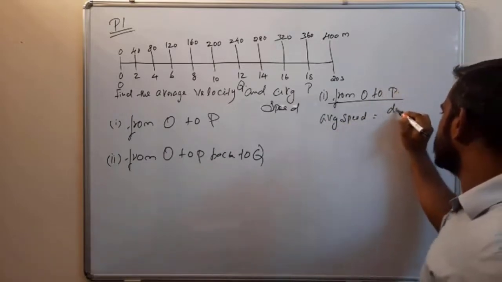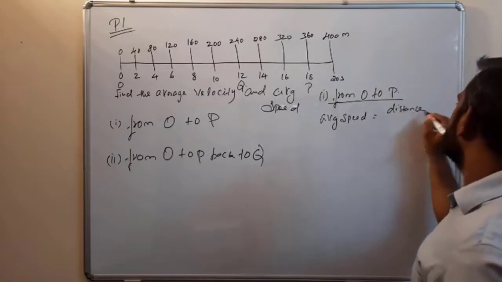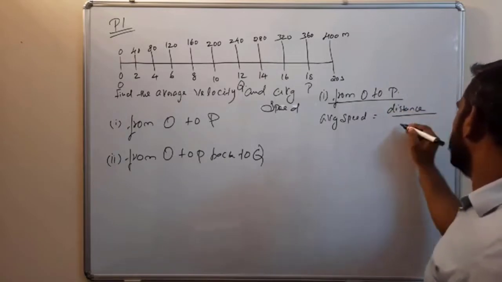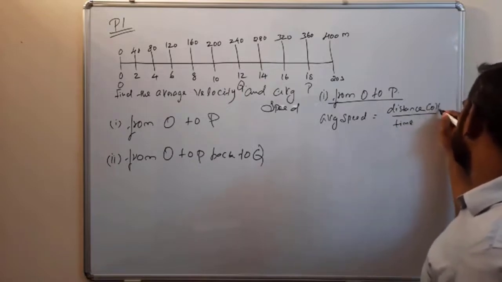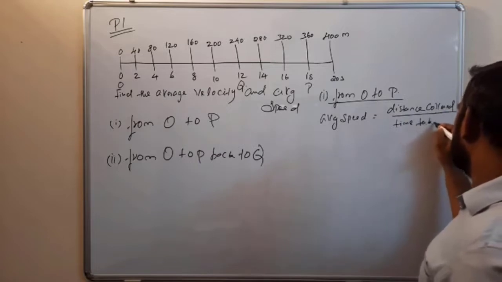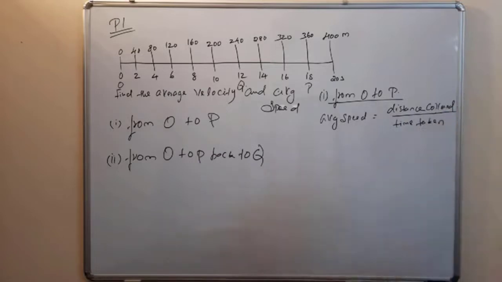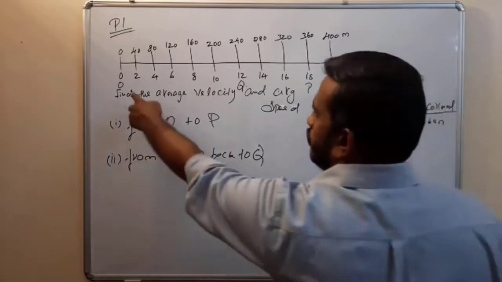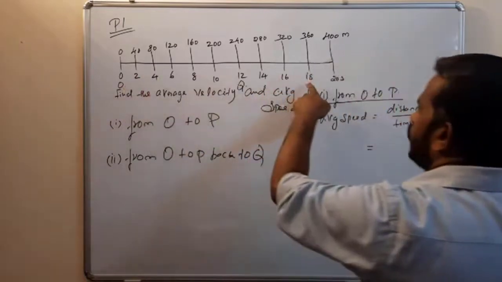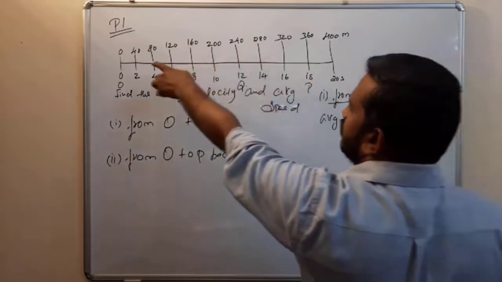That is distance covered divided by time taken. So from O to P, this is the point O, this is the point P. How much distance did it cover?